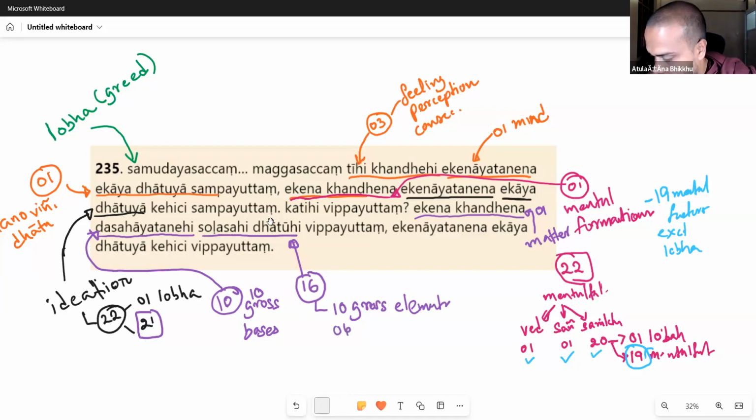The other 16, it's straightforward, right? So samudayasacca is associated with the mano-viññāṇa-dhātu.